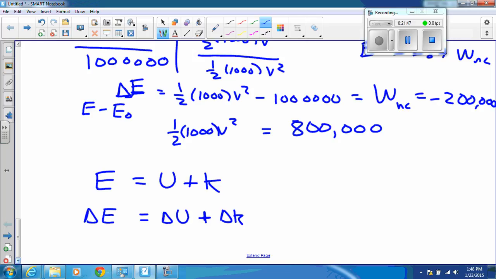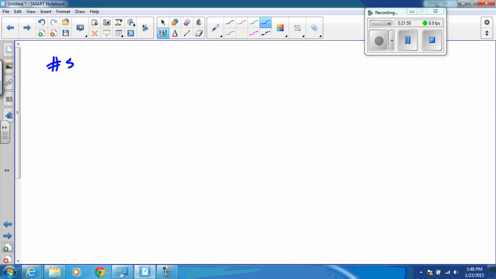Yes, sir. I went through it, but I would just like to go over 52 so I fully understand it. 52. Swing. So we have a 110 kilogram crate, starting from rest, pulled across the floor with a constant horizontal force of 350 newtons.